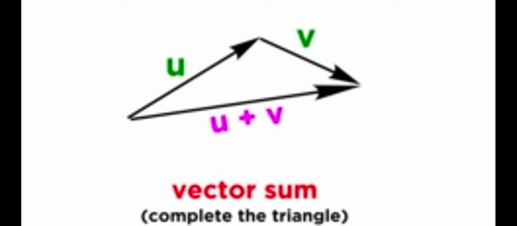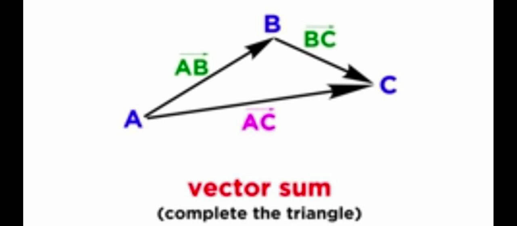If these vectors were AB and BC, their sum would be called AC, as it would connect A and C.